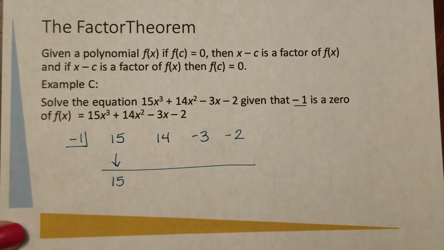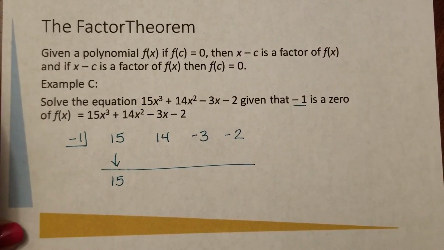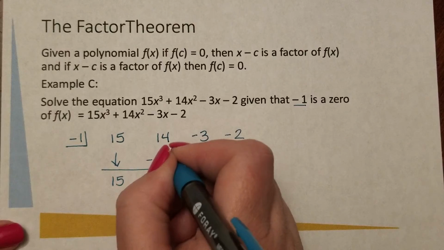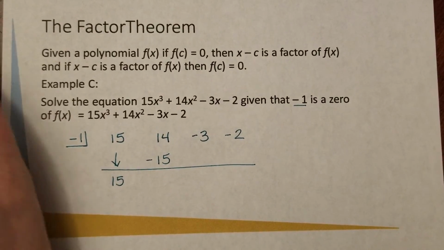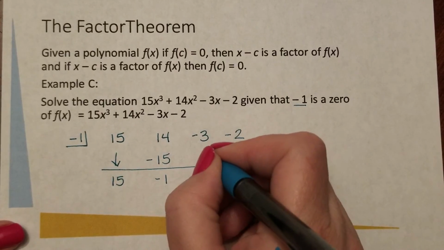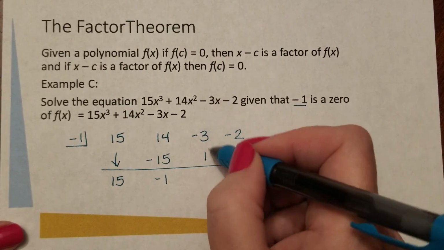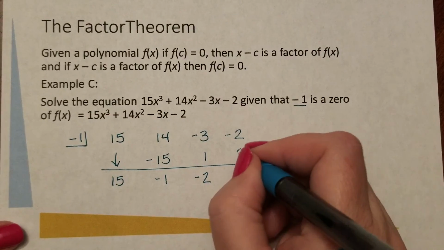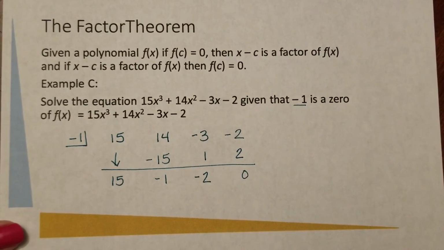I'll drop that 15. And when I multiply it by negative 1, I get negative 15. Add that to 14, and I get negative 1. Negative 1 times negative 1 is 1. Negative 3 plus 1 is negative 2. A negative 2 times a negative 1 is a positive 2, and that leaves me with 0 as a remainder.